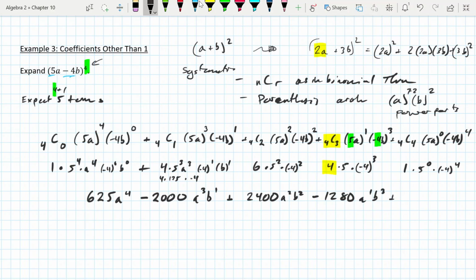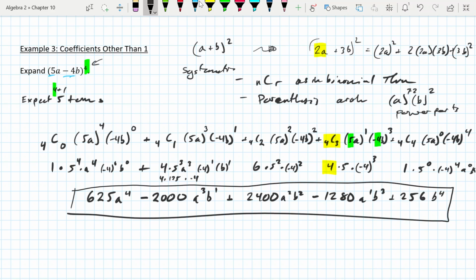So we're just going to say plus 256. The a's are gone because we have a to the 0 there and b to the 4th, so we just have b to the 4th. So you can see it's all more about making sure that all the little parts of the binomial get multiplied out, of the coefficients.